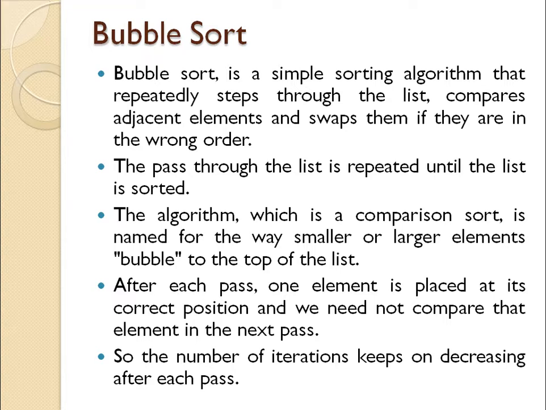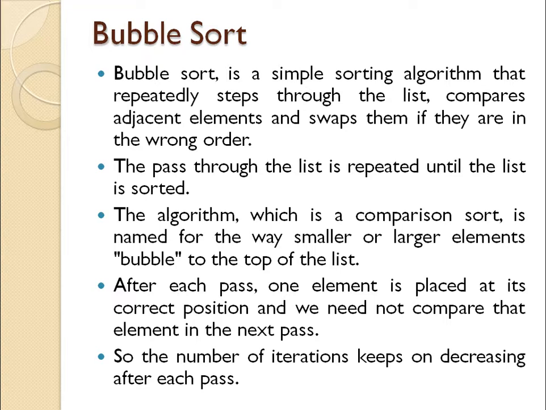Bubble sort is a simple sorting algorithm that repeatedly steps through the list, compares adjacent elements and swaps them if they are in the wrong order. So you will be given a list of items having some elements, and you have to sort them either in ascending or descending order.